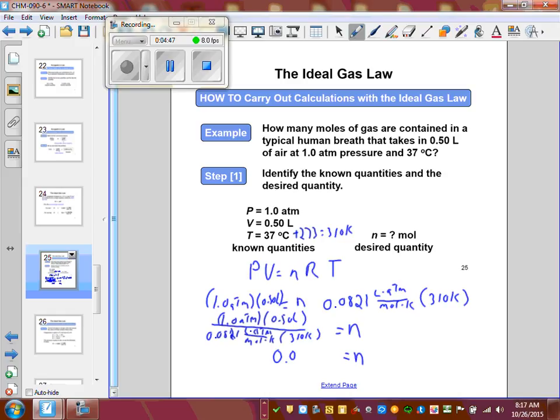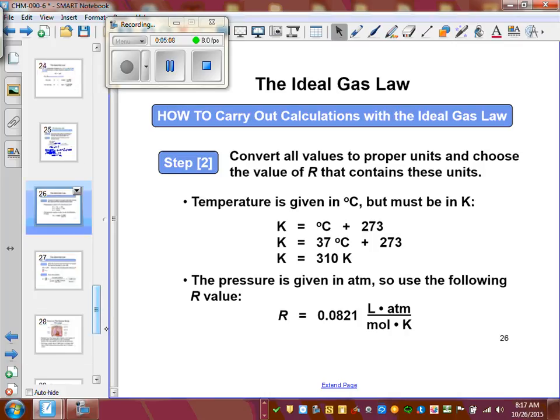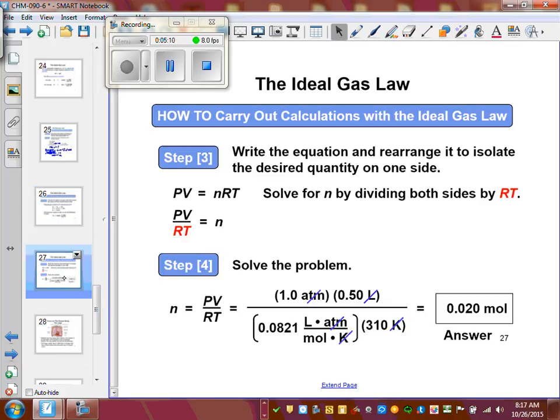Let's see, significant figures. I need two significant figures, 0.020 moles.